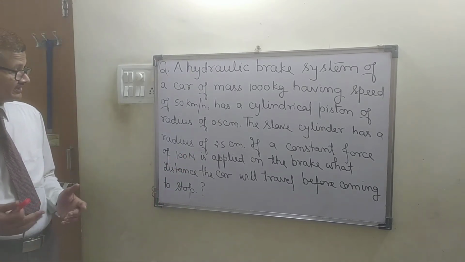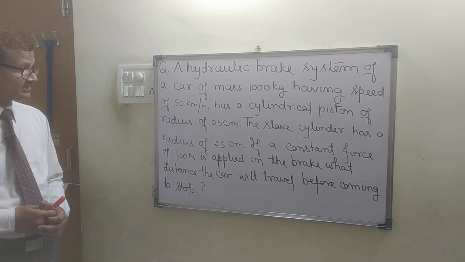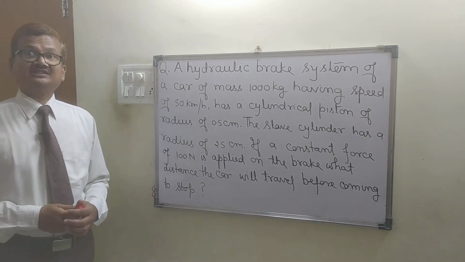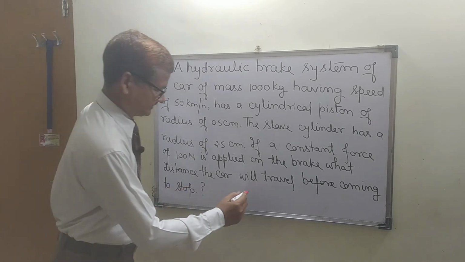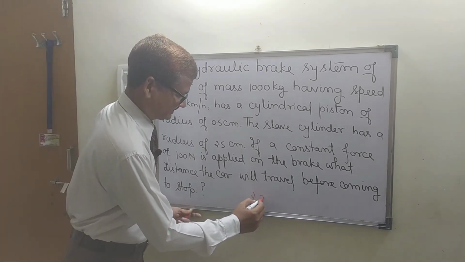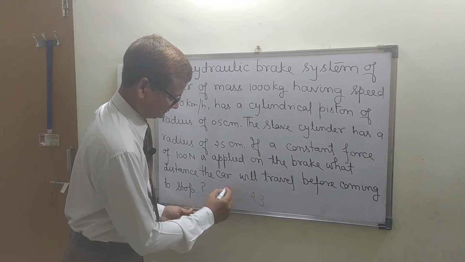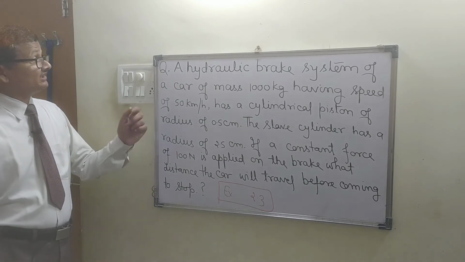If a constant force of 100 Newton is applied on the brake, what distance will the car travel before coming to stop? This is example number 2.3 of your textbook.